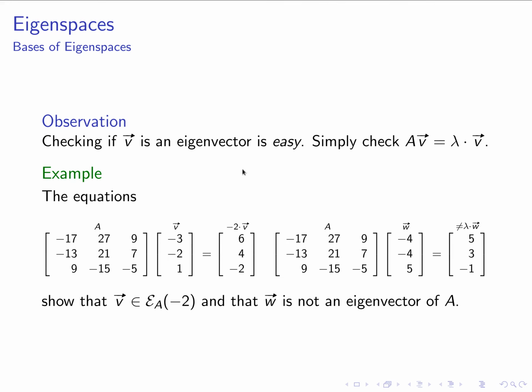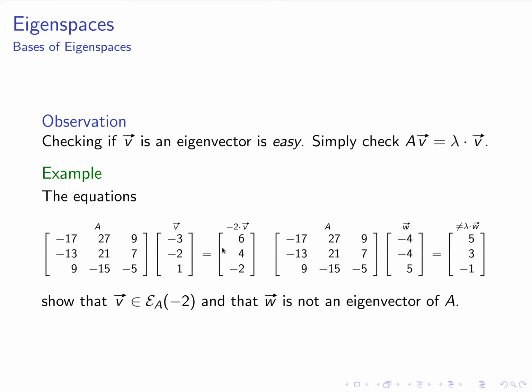So here we have an example where we have the same matrix A and we're multiplying by 2 different vectors. So we're taking this 3 by 3 A and we're multiplying by the vector -3, -2, 1. And the result of this multiplication is 6, 4, -2. The thing to notice here is that A times this particular vector happens to equal -2 times this particular vector.